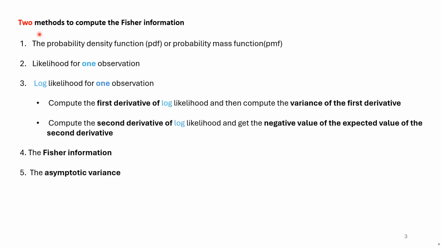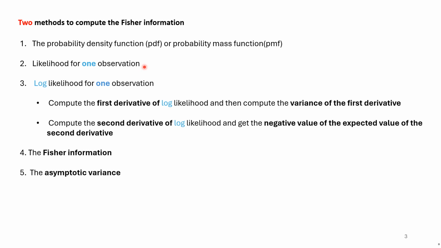There are two ways to compute the Fisher information. Here we need the probability density function or the probability mass function. So if this is a continuous distribution, then we need the PDF. If it is a discrete distribution, we need the PMF. Then we have to write the likelihood for one observation.